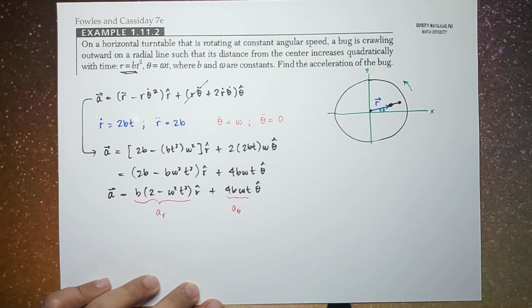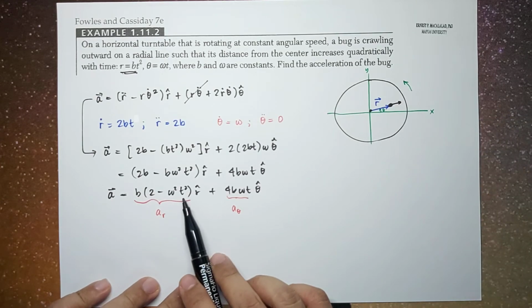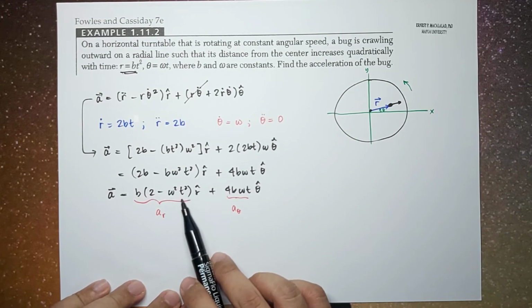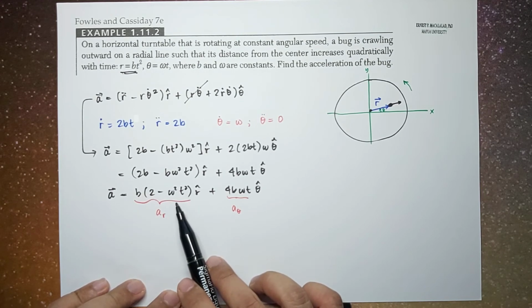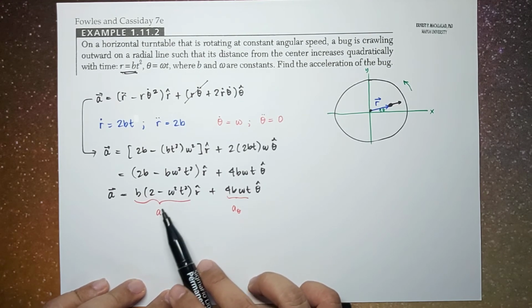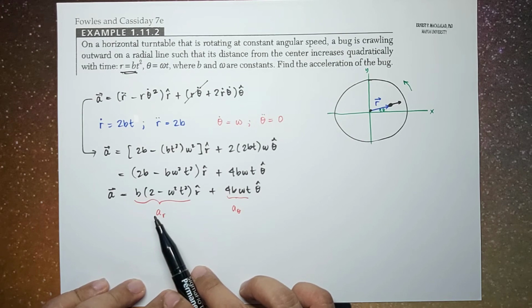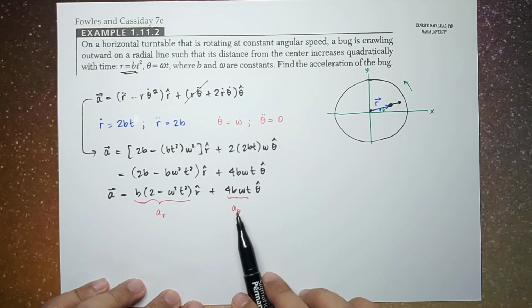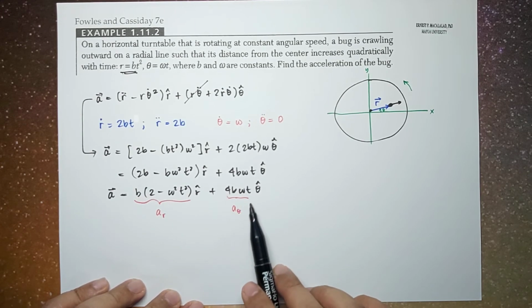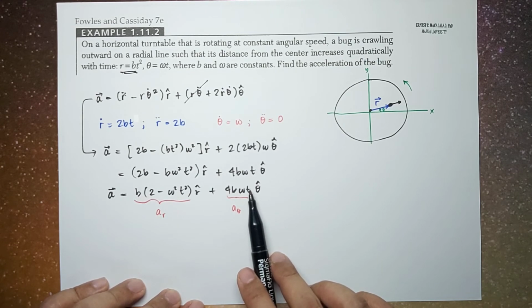The results show that, for sufficiently large t, the radial component of the acceleration becomes negative, while the transverse component, you will notice, varies linearly with time.